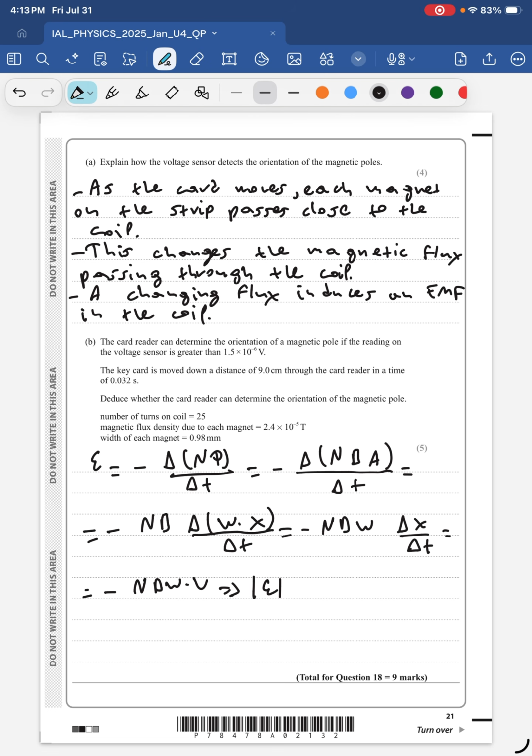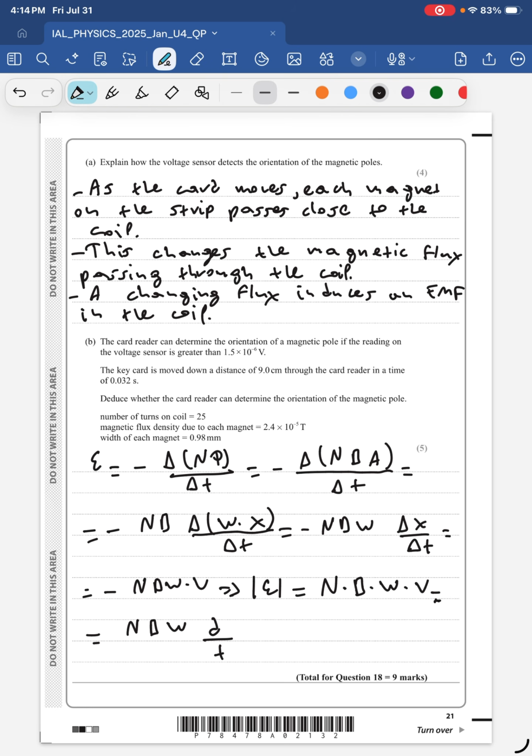So the absolute value of the electromotive force is equal to the number of turns times the magnetic flux density times the width of the card times the speed. And the speed can be calculated by using the distance over time, right?